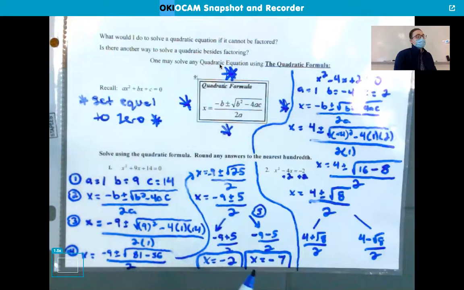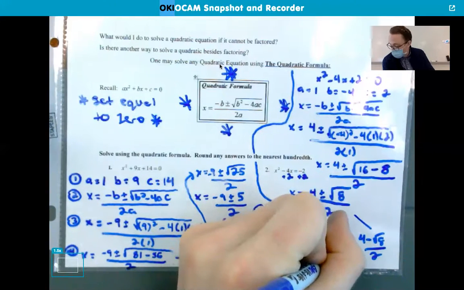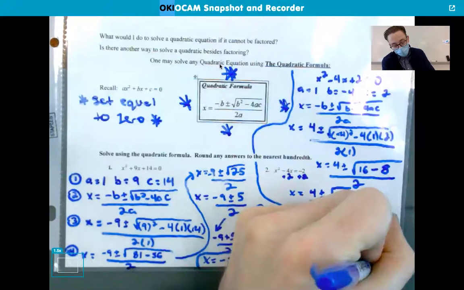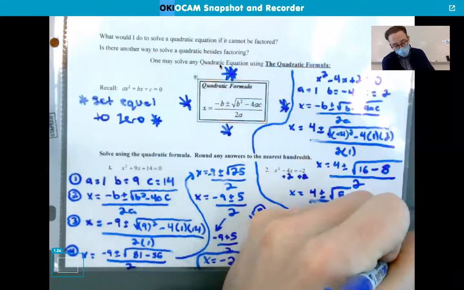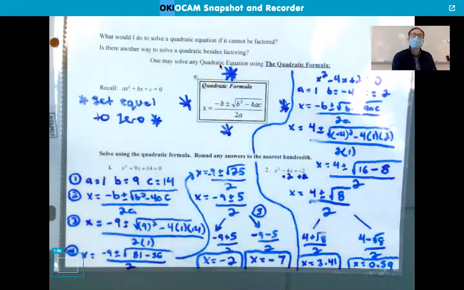What we can do is plug this into a calculator and get a decimal value. Okay, and that's going to give you an exact value, which is fine. So for this, your value here would be 3.41, and your value here would be 0.59. Just get in the habit of rounding to the nearest hundredth. Okay.